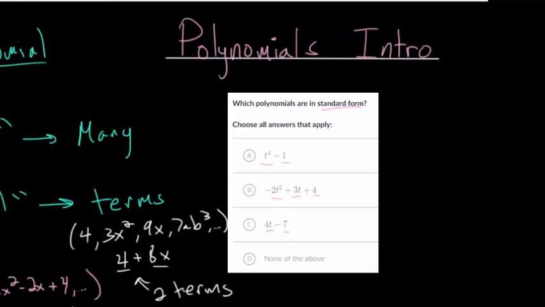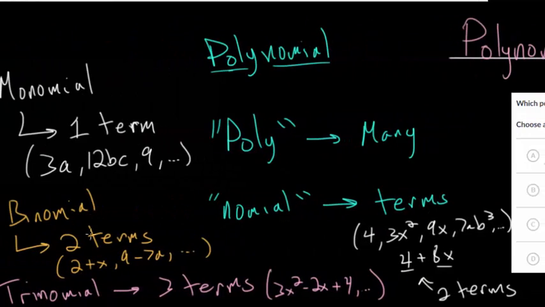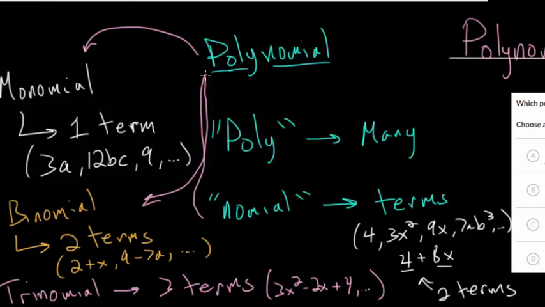But the monomials, binomials, and trinomials, these are all just specific examples of polynomials. So all three of these we also consider to be polynomials. And even though monomial only has one term, and poly means many, we still do include one-term expressions as polynomials. They're just a special case.